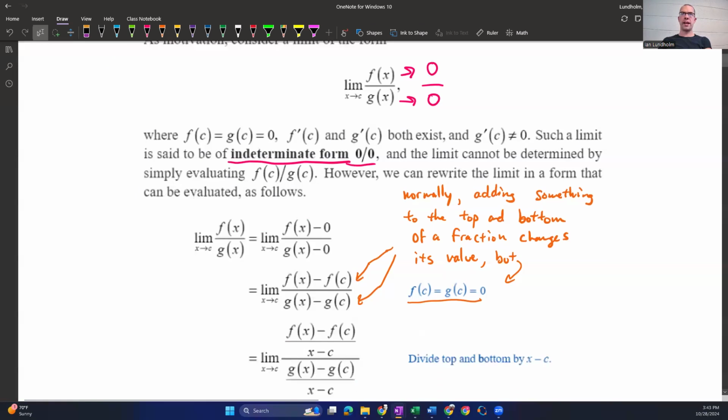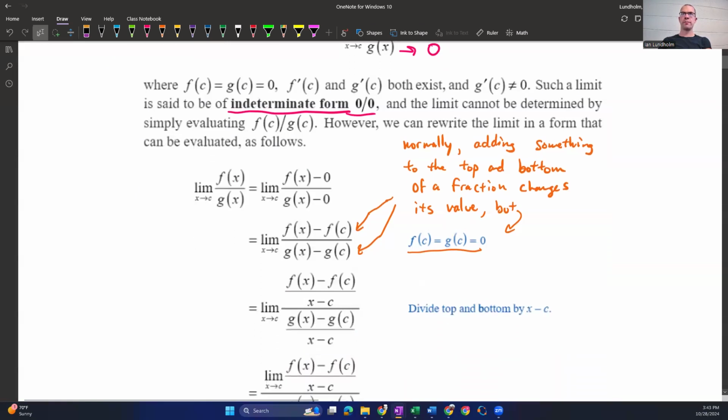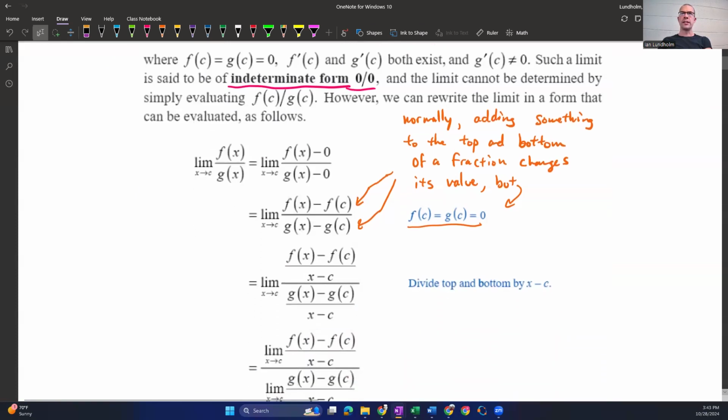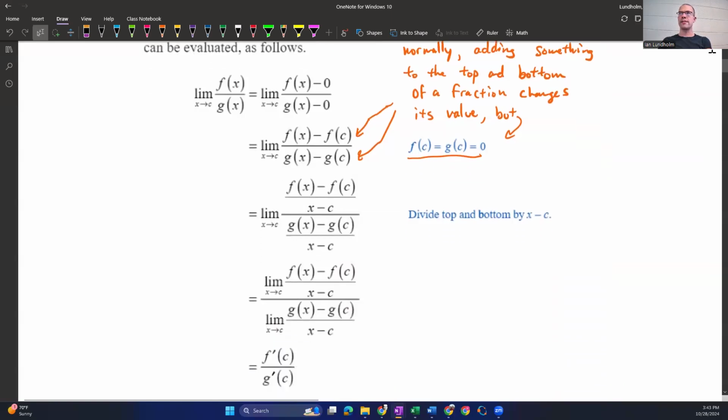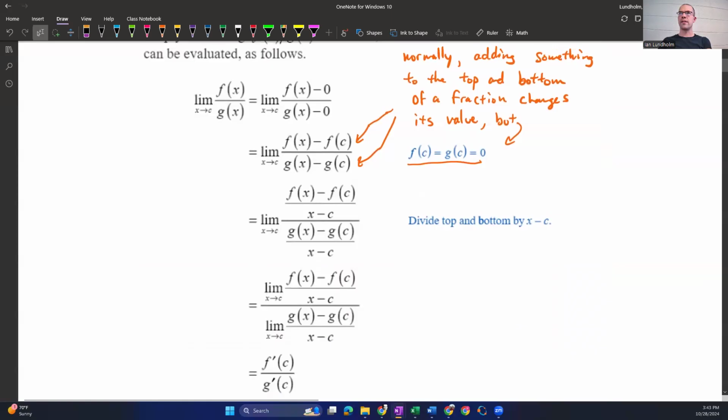So when we're in this case of 0 over 0, let's look down at this set of equations.